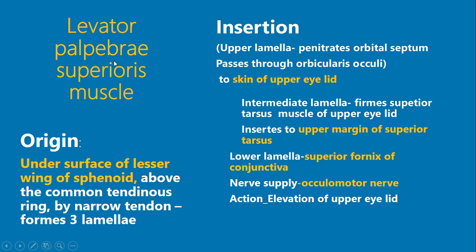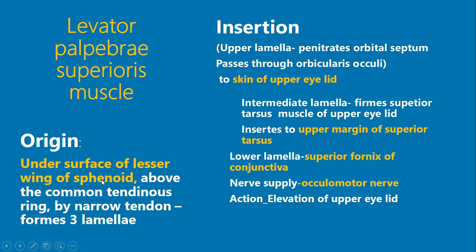Now the last muscle, the seventh muscle, is the levator palpebrae superioris. The levator palpebrae superioris muscle originates from the under surface of the lesser wing of sphenoid.